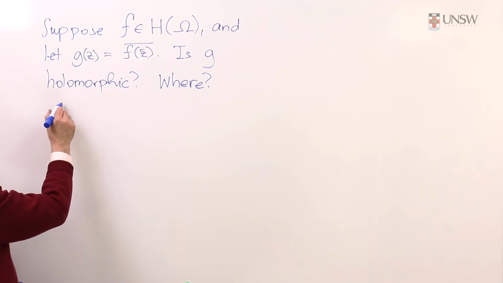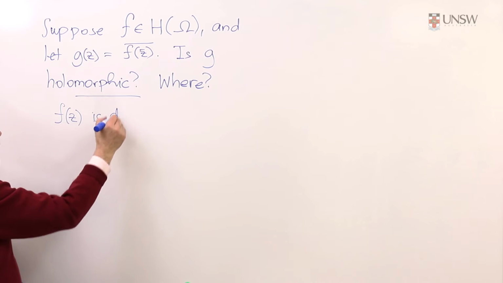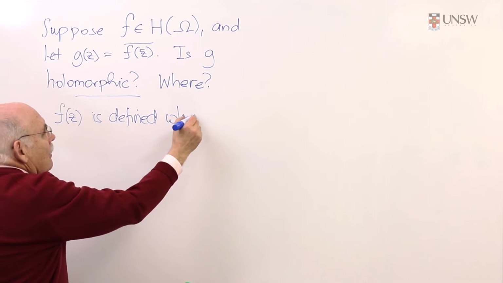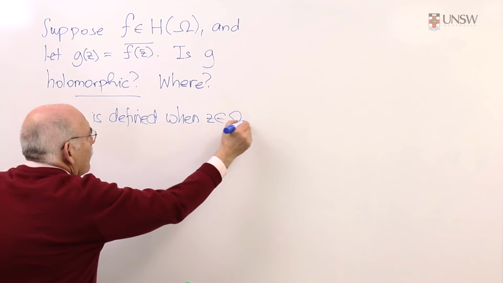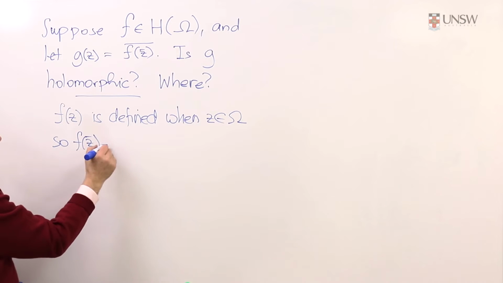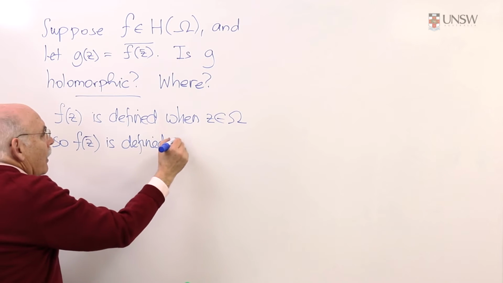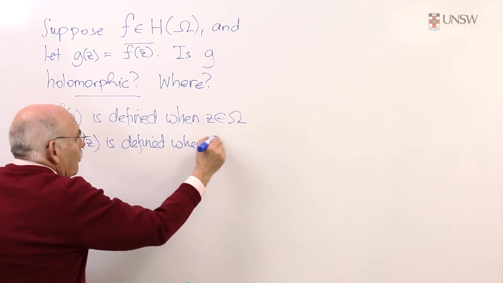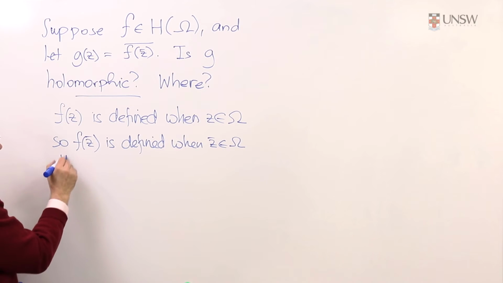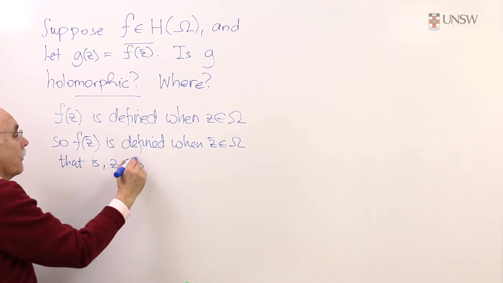So we'll say that f of z is defined when z is in omega. So that means that f of z bar is defined when z bar is in omega, which is the same as saying that z is in omega conjugate.